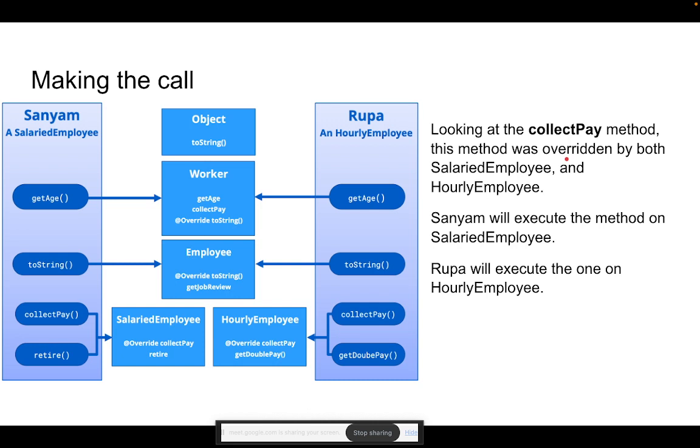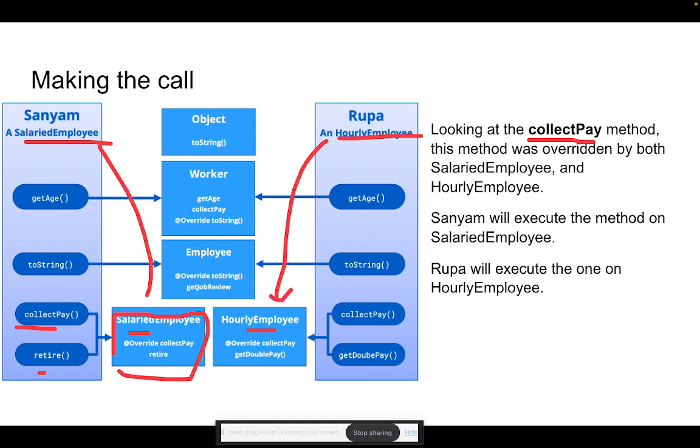Third, the collect pay method we have defined separately for salaried employee and hourly employee, right? So collect pay as well as retire have been taken care of directly by their respective classes. For salaried employee, it is taken directly from that class, and for hourly employee, the output is calculated from the hourly employee function.